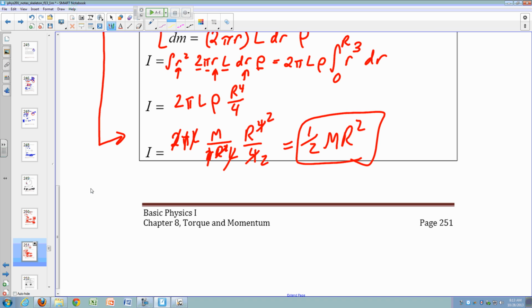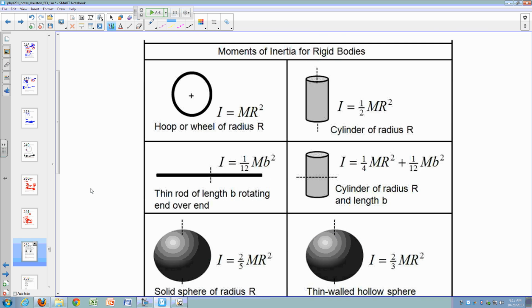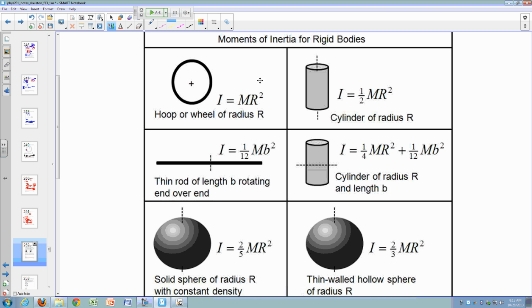All right. Now you will have this table. In reality, if you're doing this out in the real world, you just pull up this table. It shows the moments of inertia for all these different objects. For example, here's a thin rod. Here's a cylinder of radius r. That's one we did. And here's the hoop. So you'll have these three things. But then I also include these other things.